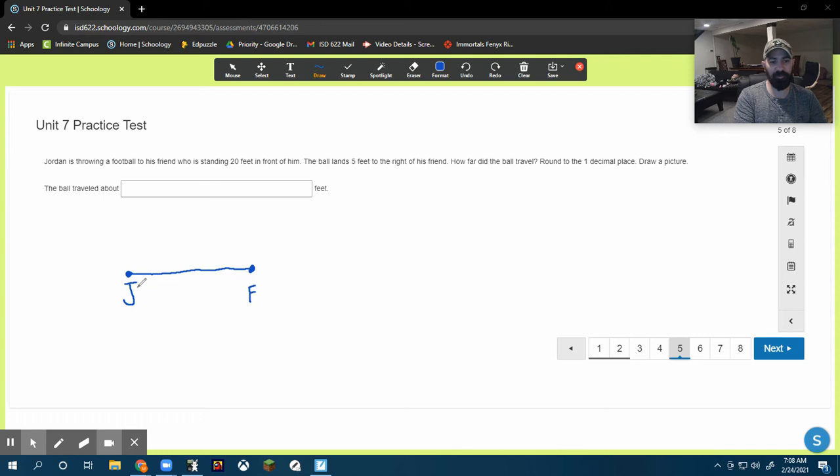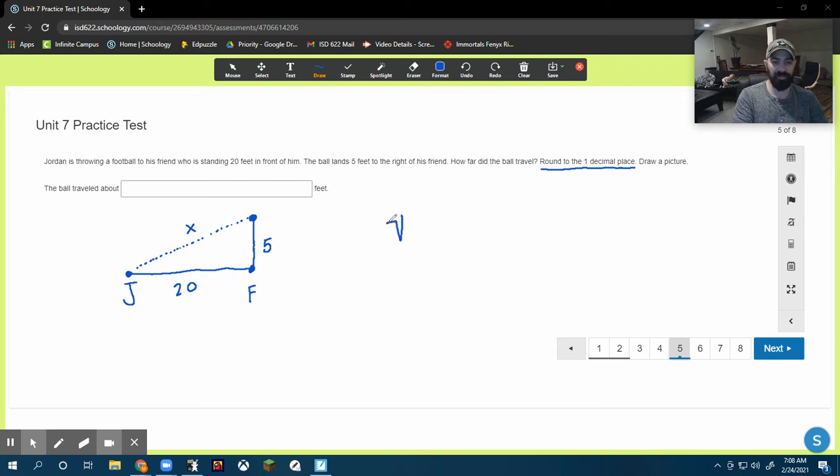He was going to throw a football, and it lands 5 feet away from his friend, to his right. His friend is facing this way, so this is his right. He said he was standing 20 feet away. We want to know how far the ball traveled here, and we want to round to 1 decimal place.